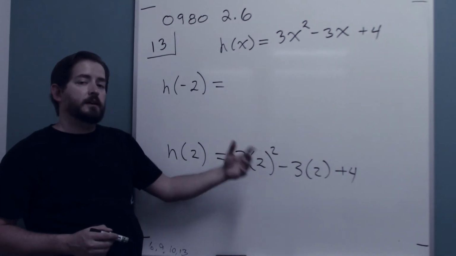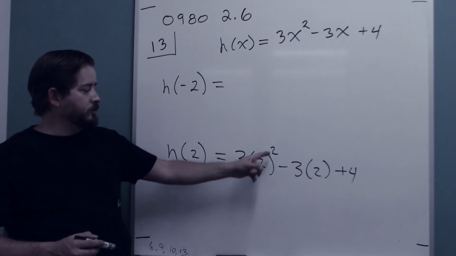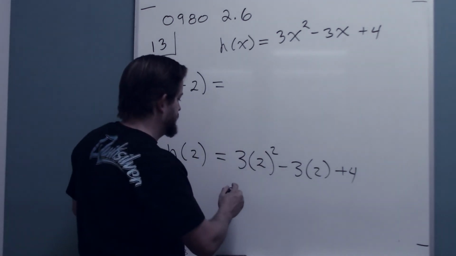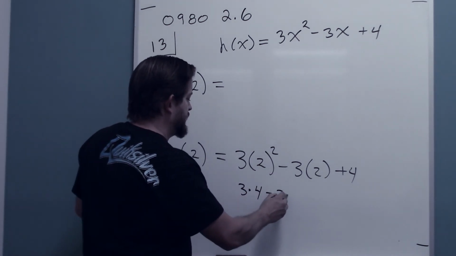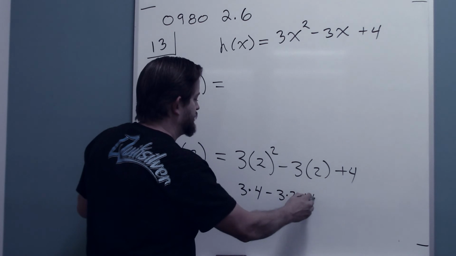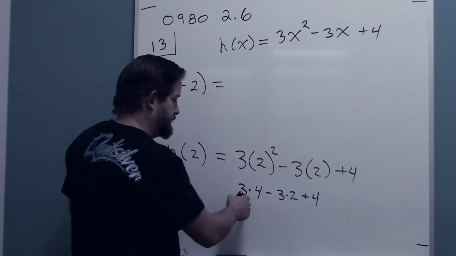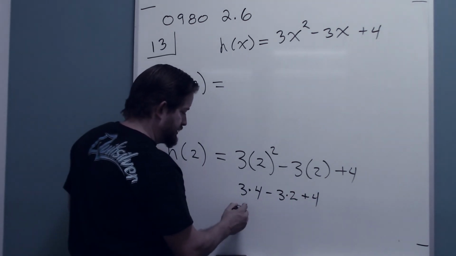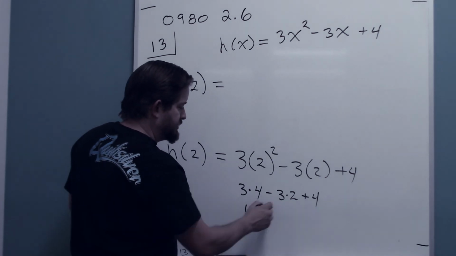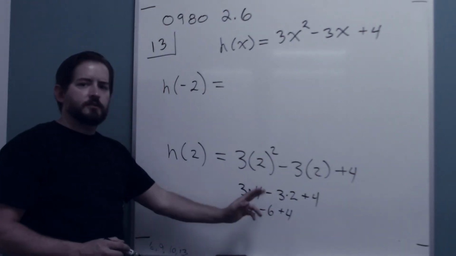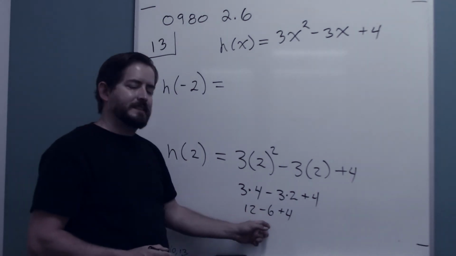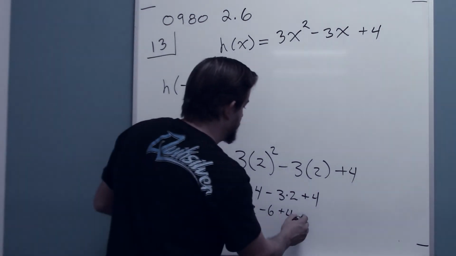And I simplify following the order of operations, so I would do my exponent here first. 3 times 4 minus 3 times 2 plus 4. Right? Multiplication, so I get 3 times 4 is 12, 3 times 2 is 6, and then plus 4, and then I can just go left to right. 12 minus 6 is 6, plus 4 is 10.